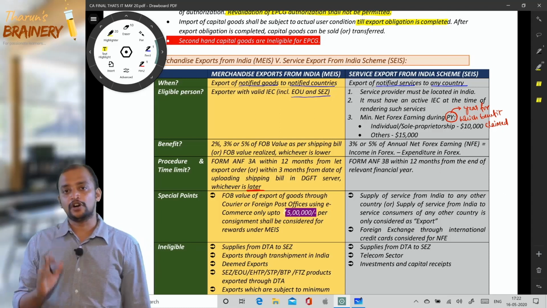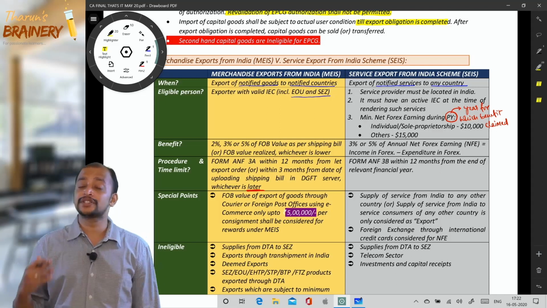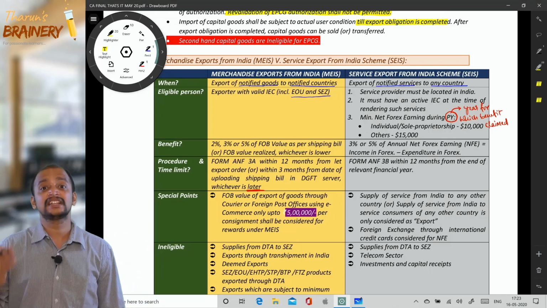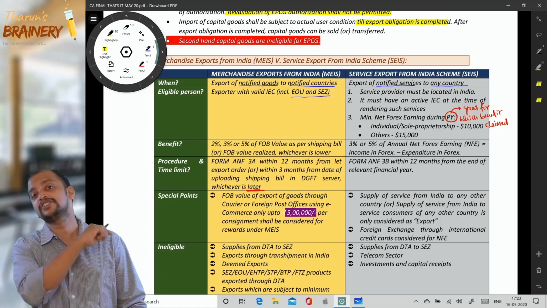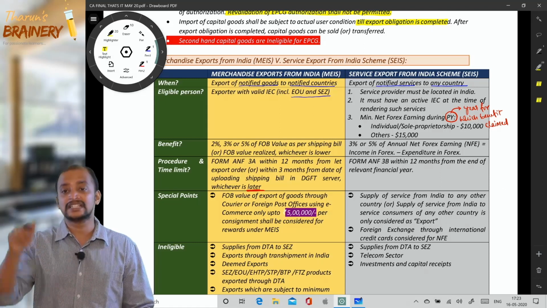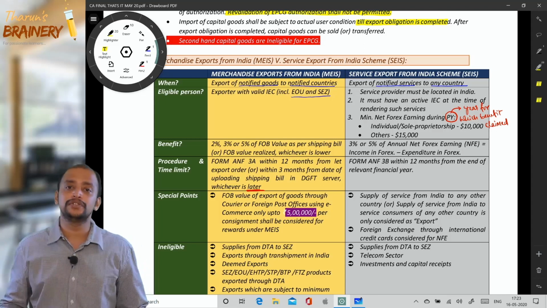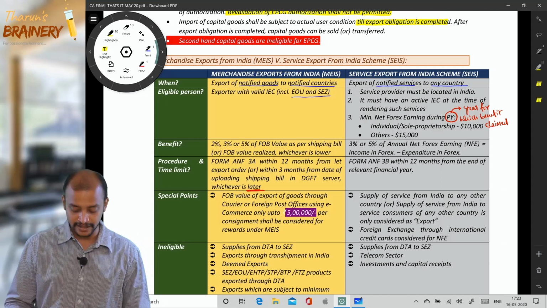No. Because what should be the minimum net foreign exchange earnings? They did not use the word gross, they use the word net, which means income in forex minus expenditure in forex. We should take the expenses out of the income, and that net should be $10,000 in that financial year, or $15,000 in case of other than individual or sole proprietorship. Then only they will be eligible for the SEIS benefit.